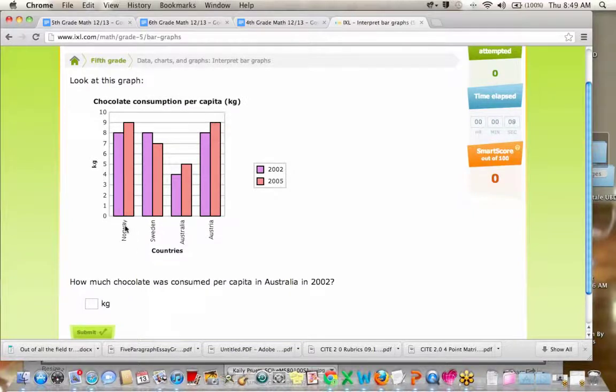So across the x-axis, we have the different countries, and then we have two different years per country, 2002 or 2005. And then across the y-axis, it shows how much they ate. So how much chocolate was consumed per capita in Australia in 2002? Go ahead and type it into the chat.